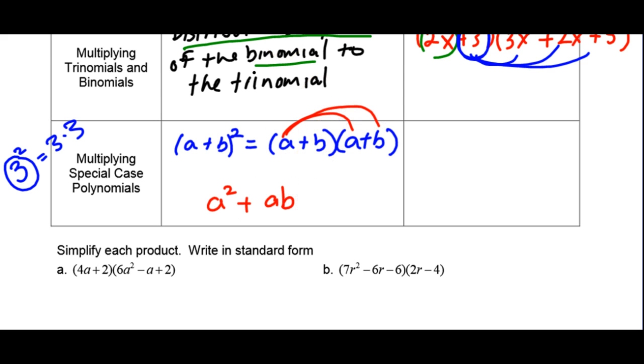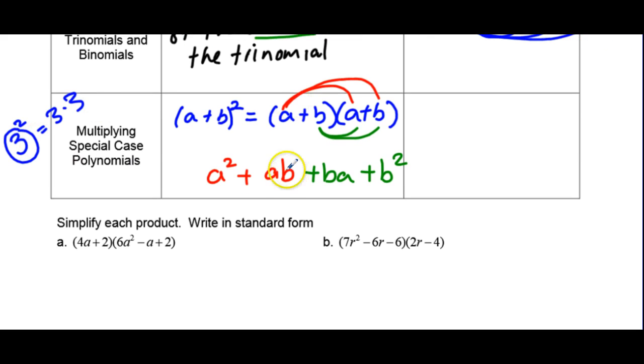Then I'm going to do this one in green. b times a is going to be plus ba. b times b is plus b squared. So again, we can simplify these two. This is technically the same thing as if I wrote this one ab, right? So we have a squared plus 2ab plus b squared, and this is your answer.